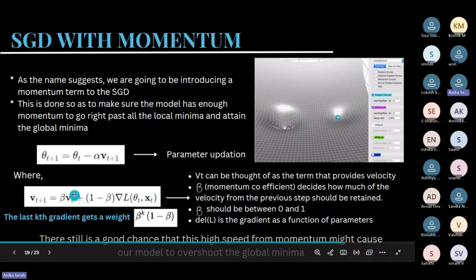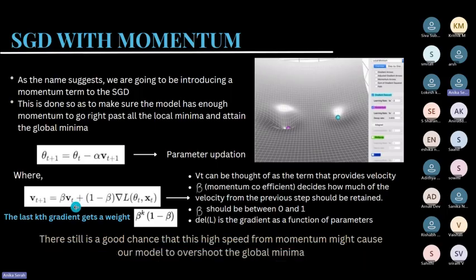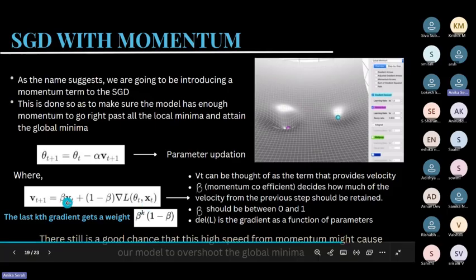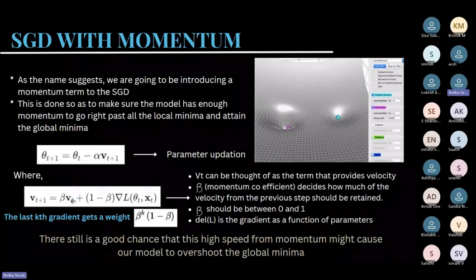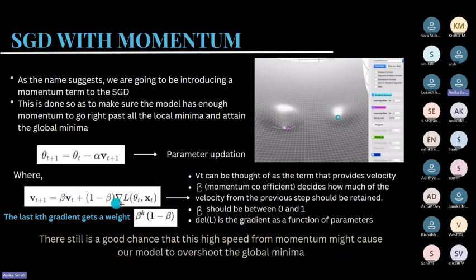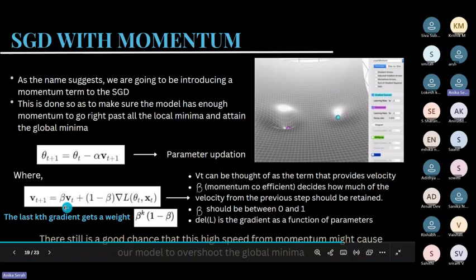So this VT is going to contain information about all the past gradients, since this is also computed in a similar way, except that it's going to be beta into VT minus 1 plus 1 minus beta into the gradient at t. So you're incorporating beta times the past information and 1 minus beta times the newest gradient.